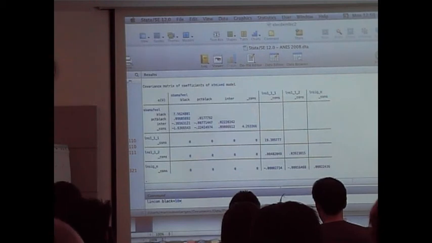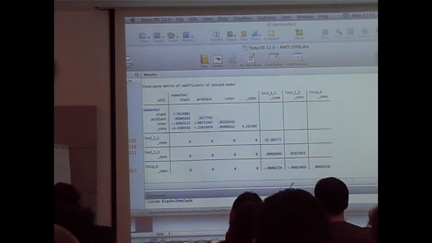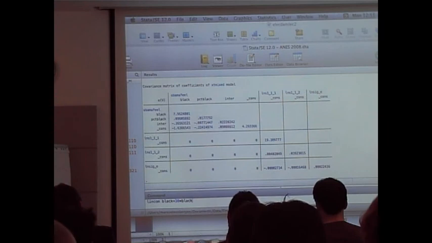So say I'm interested in a case where the percentage of blacks in the state is 30, then I could do lincom black plus 30 times inter, that should be black.